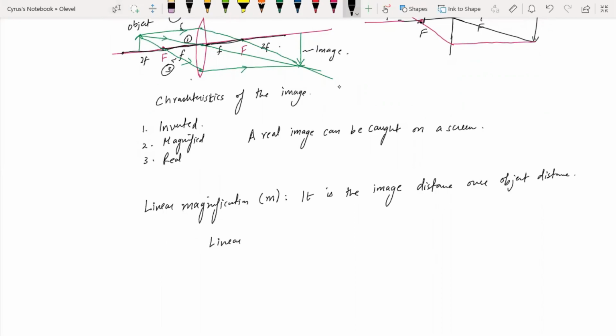Linear magnification is equivalent to image height over object height, or image distance over object distance from the optical center.